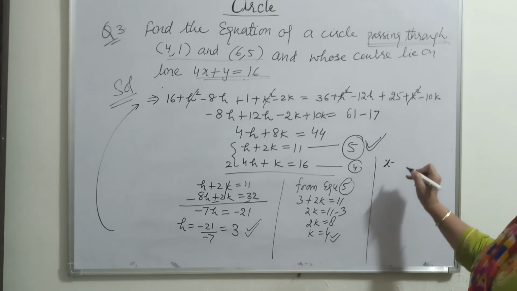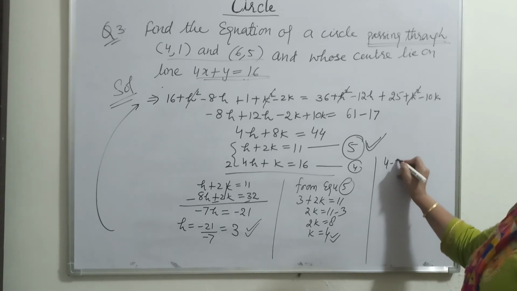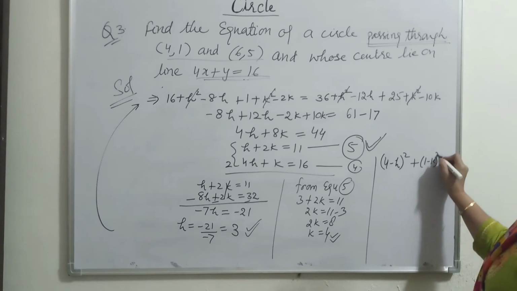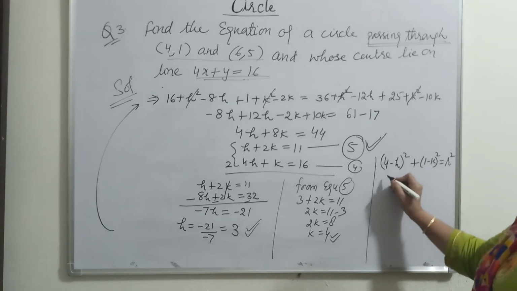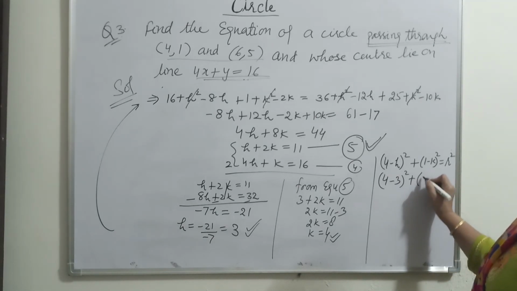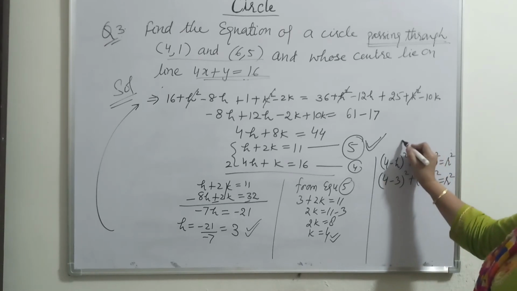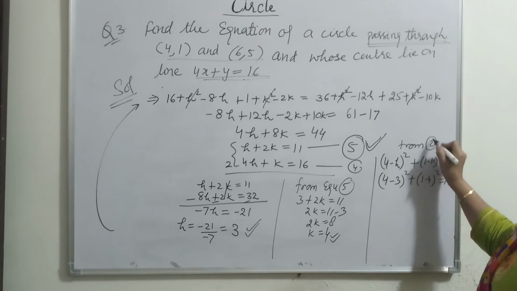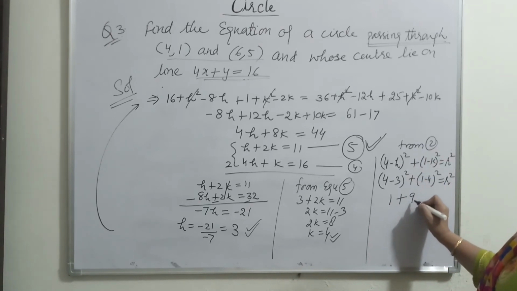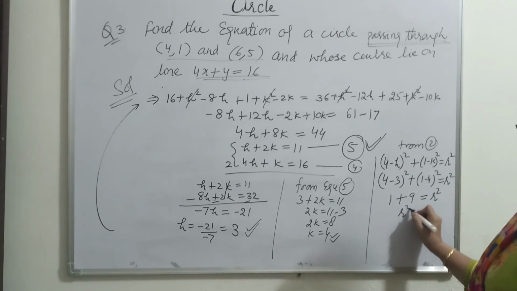Equation 2 was (4 - h)² + (1 - k)² = r². With h = 3 and k = 4, we get 1² + 3², so 1 + 9, and r² is equal to 10.